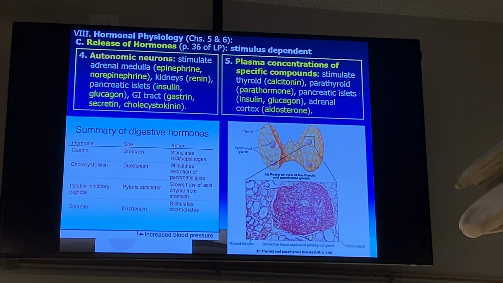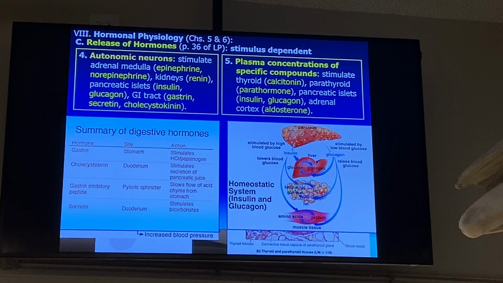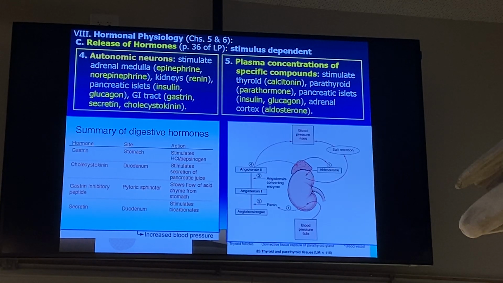It's going directly off of plasma concentrations of blood glucose. These pictures are basically blood calcium, with calcitonin and parathyroid hormone causing either deposits or withdrawals in the bone; insulin and glucagon on a negative feedback loop for blood glucose; and aldosterone, which is about sodium and a little bit about potassium balance.